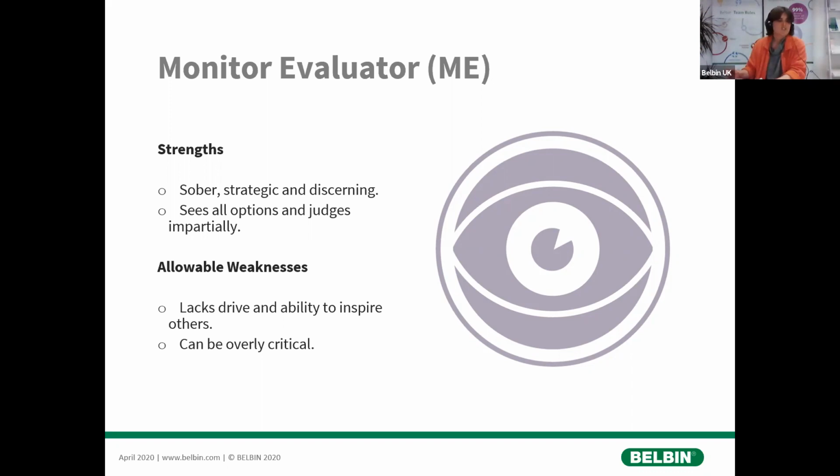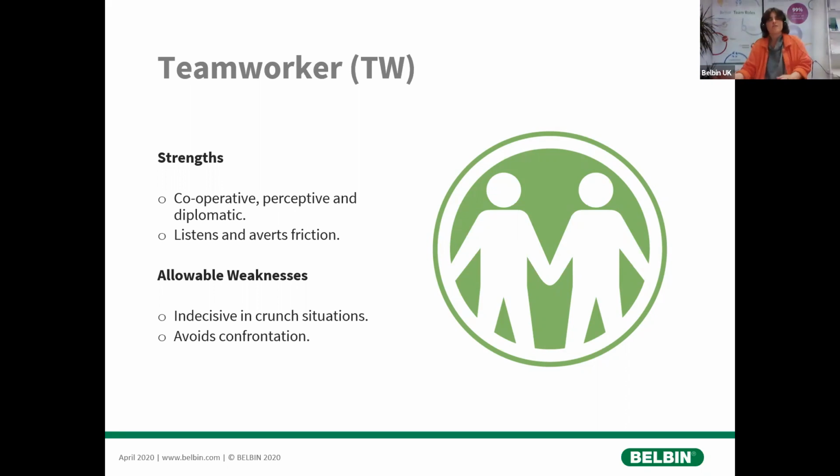But as my children would say, are we nearly there yet? Well, not quite. We have a few other behaviours that also really showed how important they were for teams to be successful. What they found in a lot of these teams was that there was a potential for some people to be frozen out. There was a potential for people not to be listened to, and for friction to happen in the team, especially if you had more than one high shaper behaviour, with a lot of that competitive element coming in.